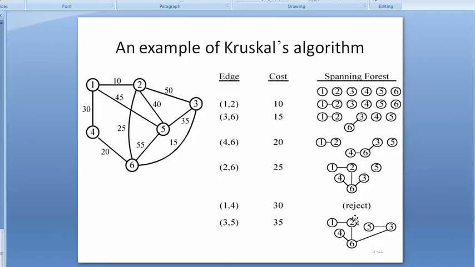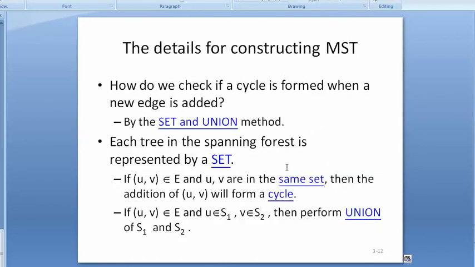The crucial step in this algorithm is how to check whether a cycle is getting formed or not. For that you need to use the set and union method, according to which you represent every tree by a set, and all the vertices of the tree are the members of this set.